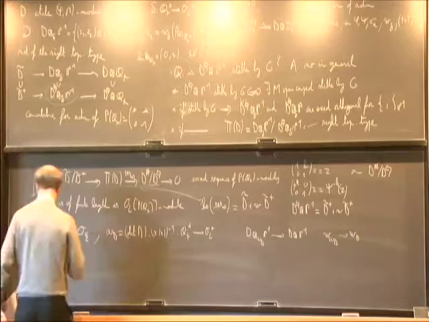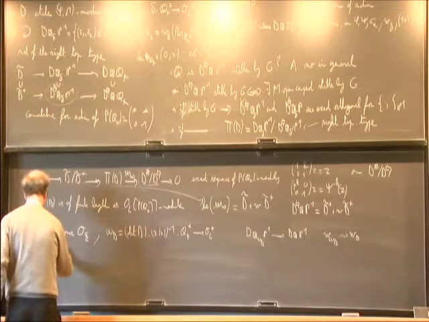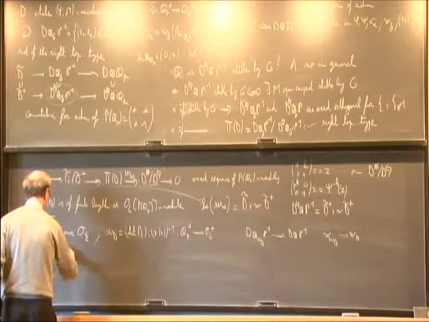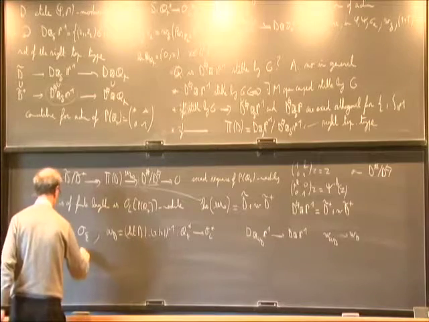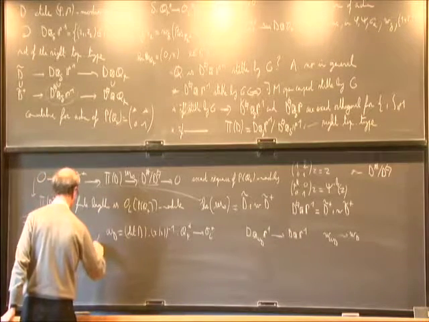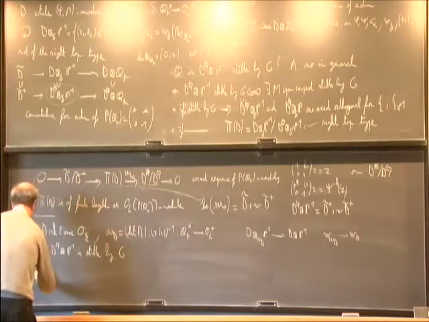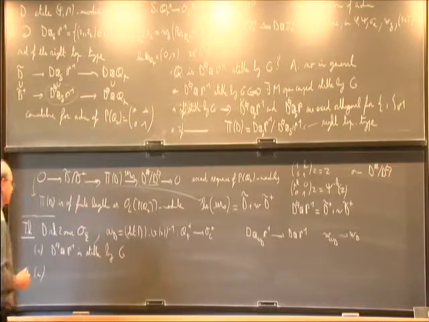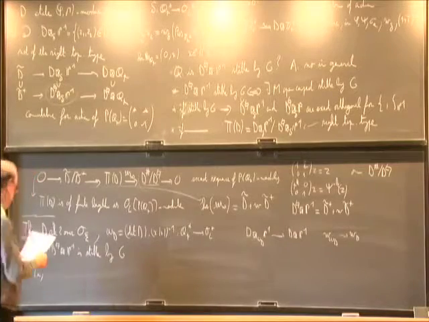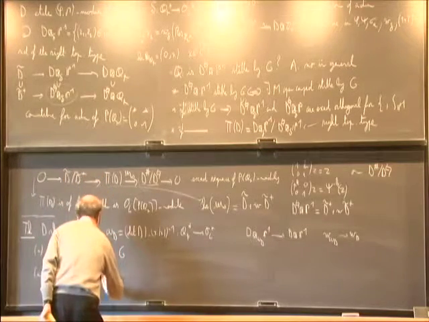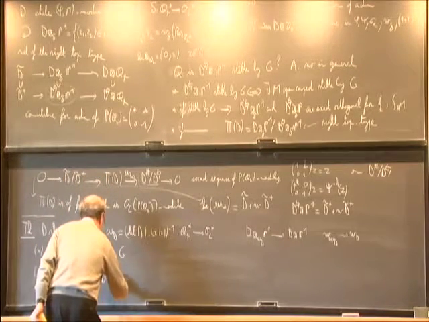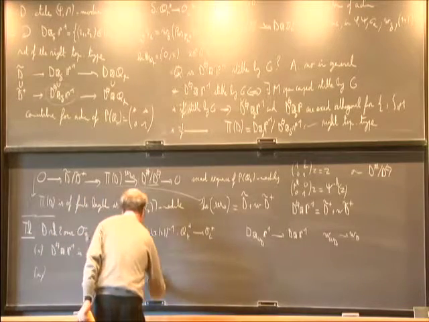It says first that D natural cross P1 is stable by G. And second, it tells you that now you have an exact sequence. So this D cross P1 lives in an exact sequence.